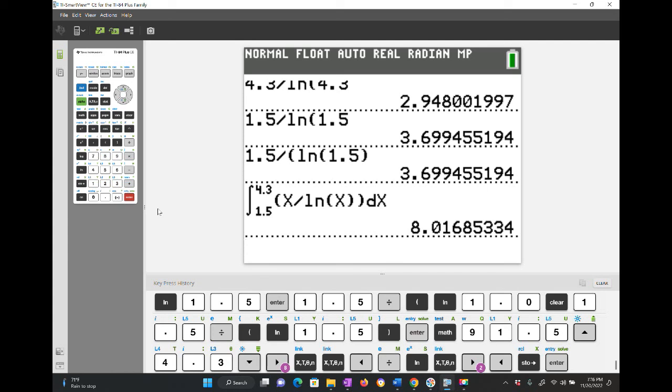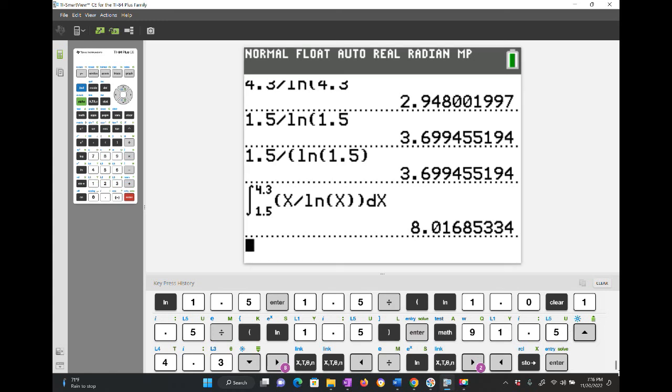Oh my goodness, my mistake. I did not take the antiderivative. I was doing it straight up as a function. I just realized that. So yes, you would have to work this out. Find the antiderivative first, and then it'll give you, because it's coming close, but it definitely needs the antiderivative.